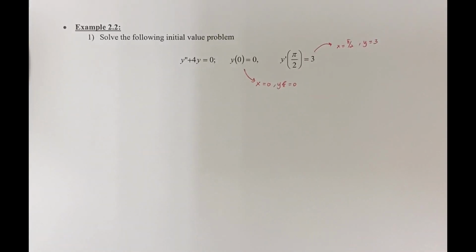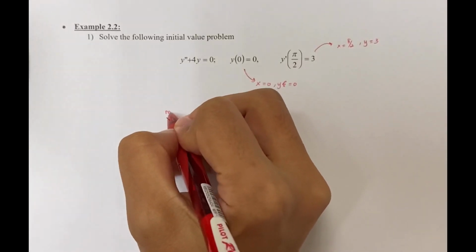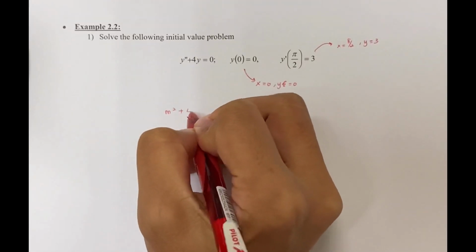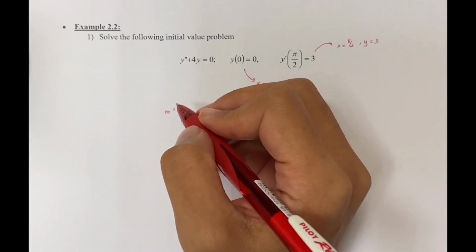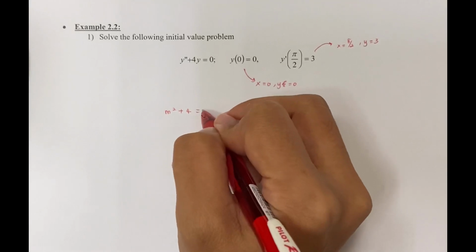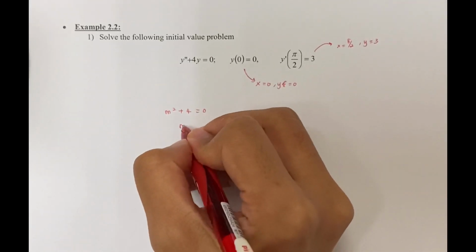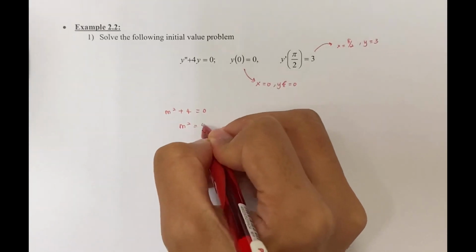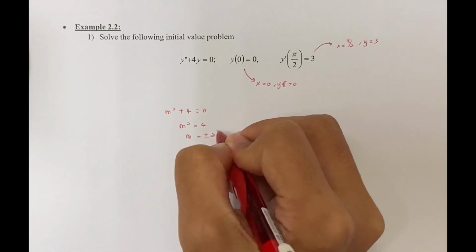So, start with writing your characteristic equation. So, you have m square plus 4 equal to 0. Okay, so this is equal to m square equal to negative 4 and m is equal to plus minus 2i.